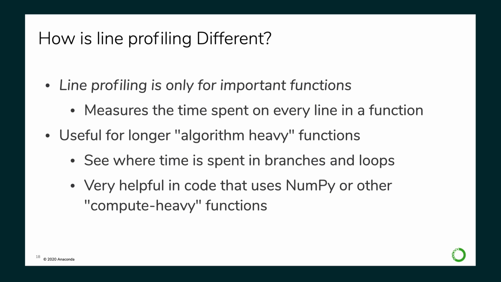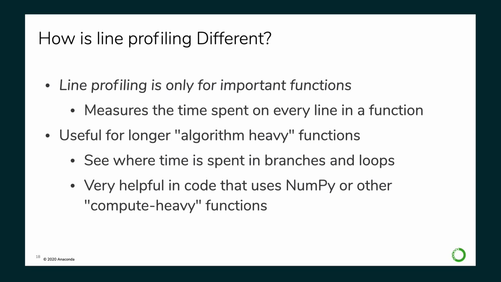So usually you want to zero in on a couple of functions that are really critical, and those are the ones you line profile. Line profiling is useful when you're dealing with what I would call an algorithm-heavy function. Maybe it's a little longer function, maybe 20 or 30 lines, there's a lot of branching or looping, or you're using some sort of heavyweight functions like NumPy functions.